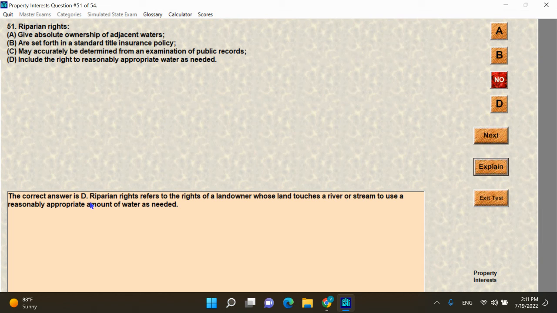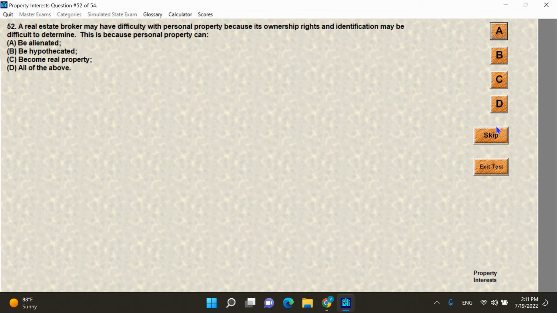The correct answer is D. Riparian rights refer to the rights of a landowner whose land touches a river or stream to use a reasonably appropriate amount of water as needed. So the correct answer is D.